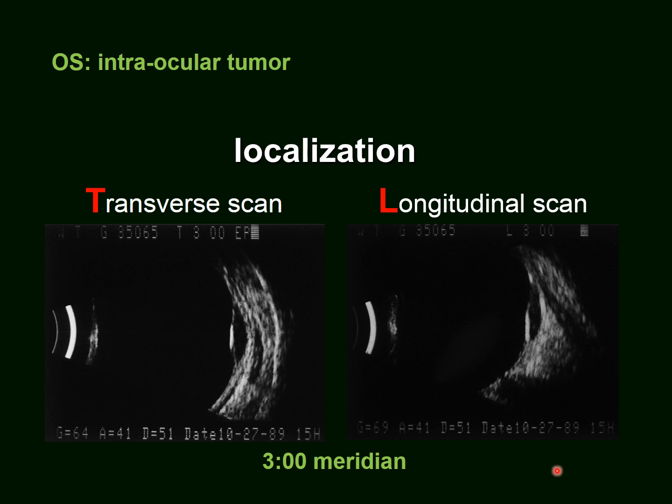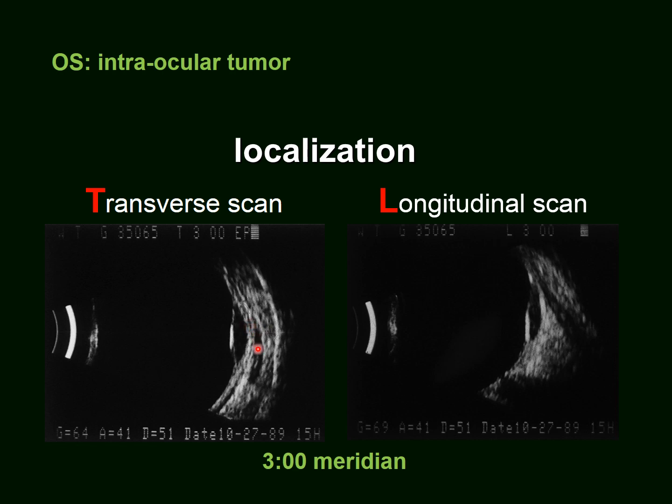The longitudinal scan shows the 3 o'clock from anterior to posterior, here the optic nerve. And the tumor is removed from the optic nerve, it's in the periphery of the fundus.